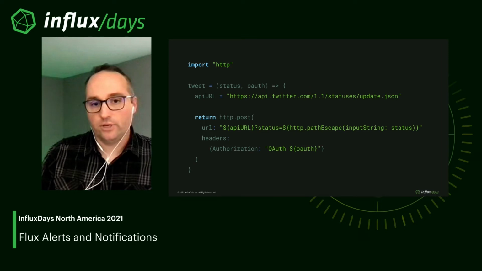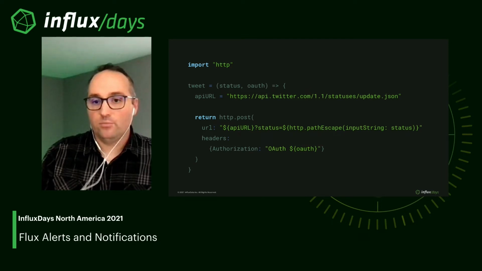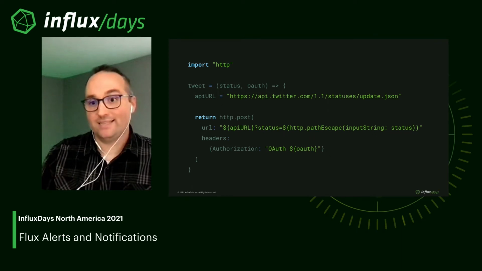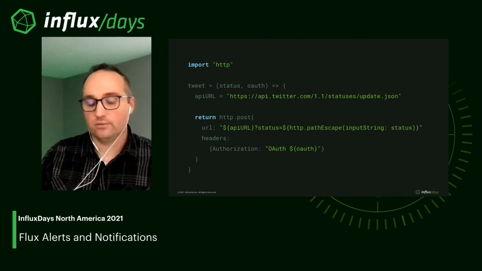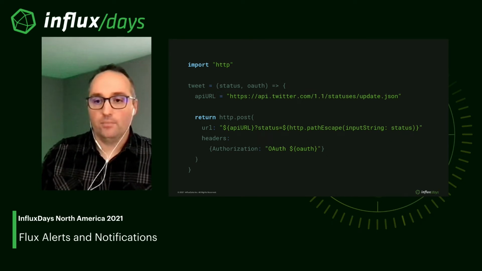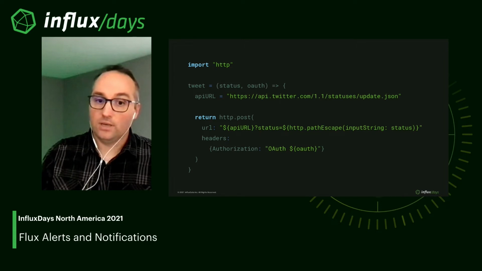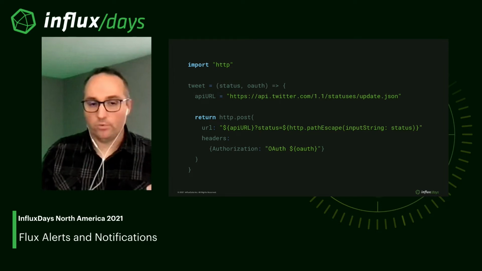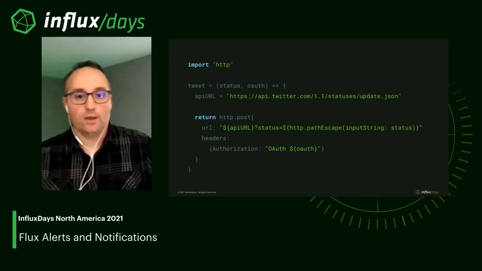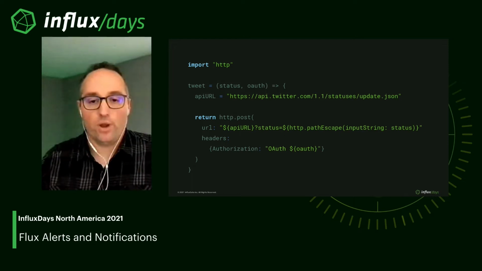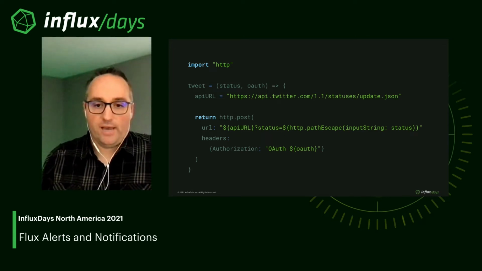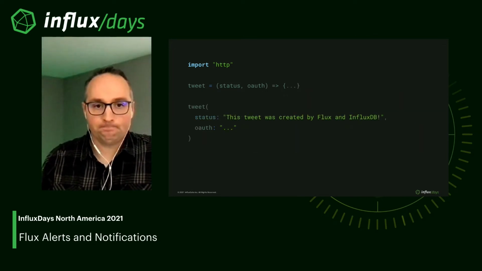I'm also using the http.pathEscape function to escape my status input. It takes this string and escapes it so it can be included in the URL as a query string parameter. And then I use the headers parameter to pass my OAuth credentials.